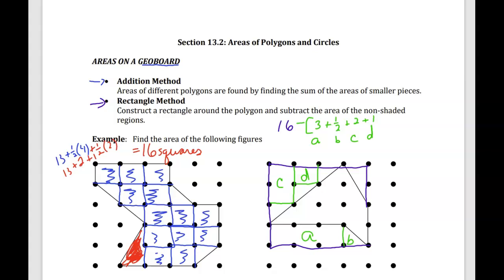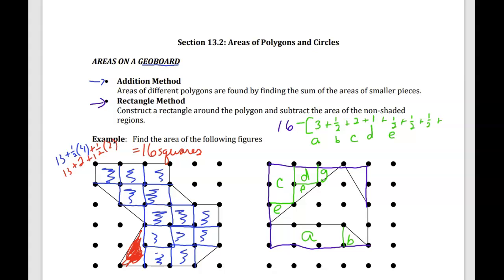Then if you notice right here, E is going to be 1/2. F is going to be 1/2. G will be 1/2.